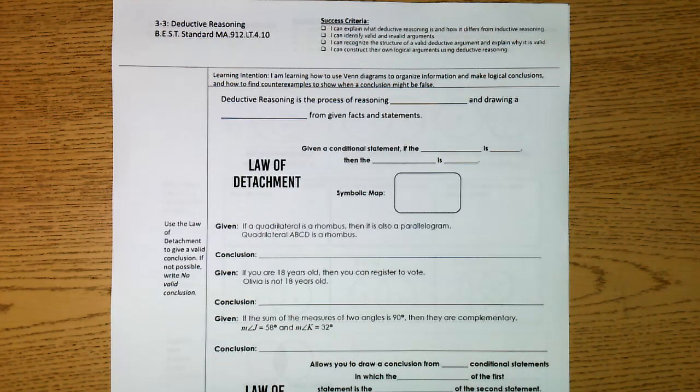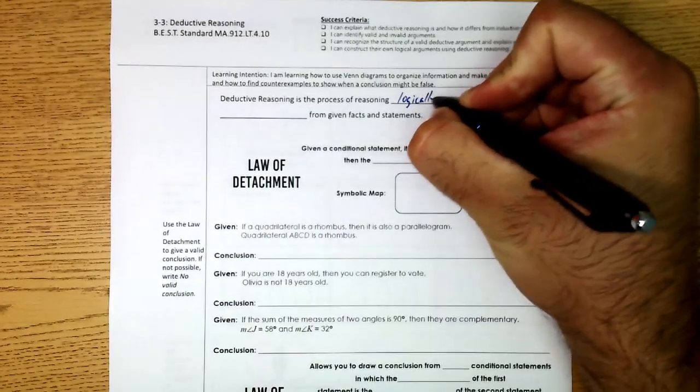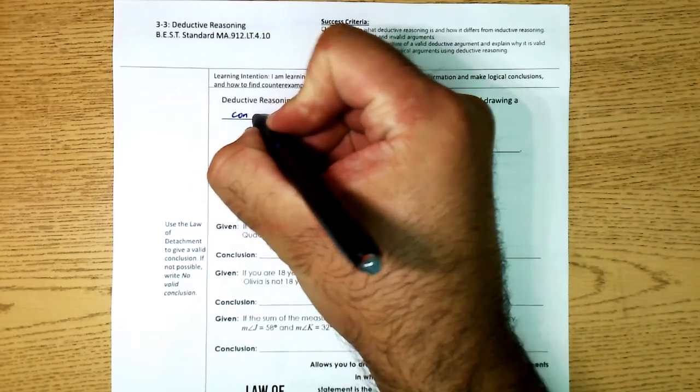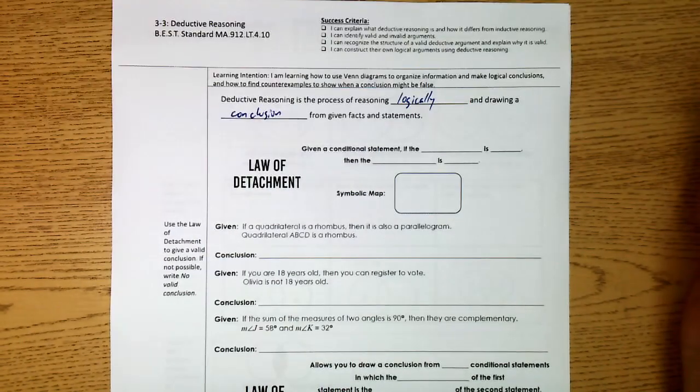So last section we talked about inductive reasoning with the converse, inverse, all those. Today we're looking at deductive reasoning, which is the process of reasoning logically and drawing a conclusion from given facts and statements.